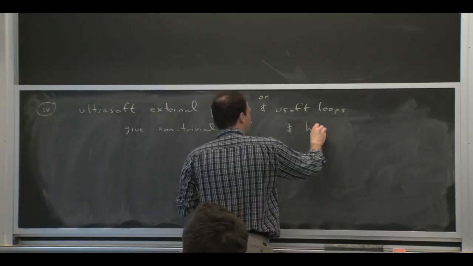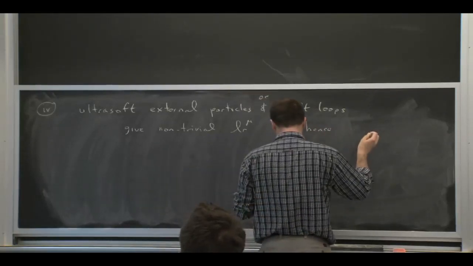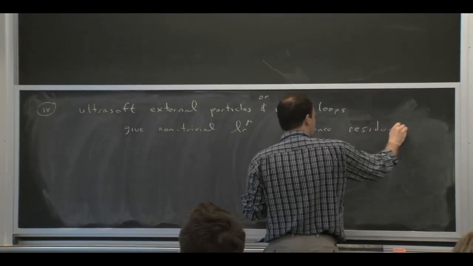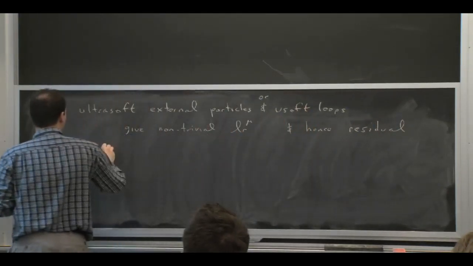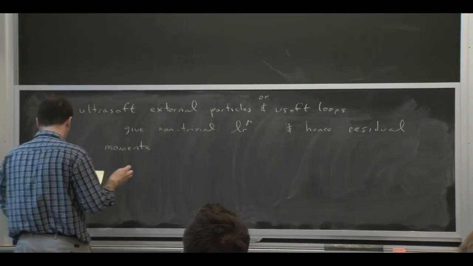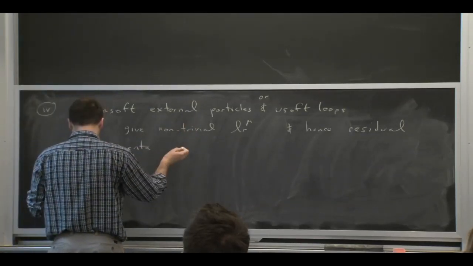Hence, there will be some that we can't just absorb in the fashion that we just said. So in this situation, some residual momenta will be absorbed in the same way to turn the integrals into continuous ones, but other ones won't be absorbed.